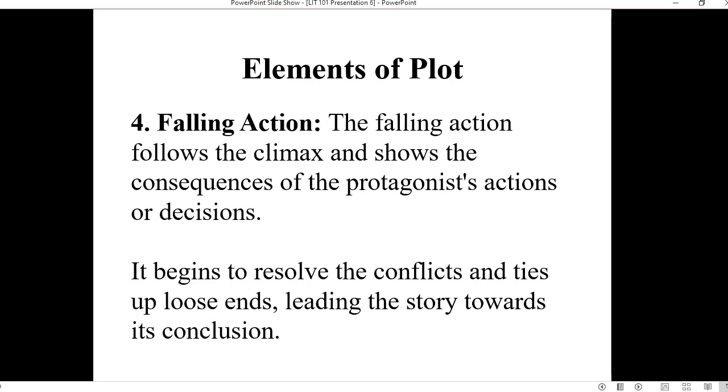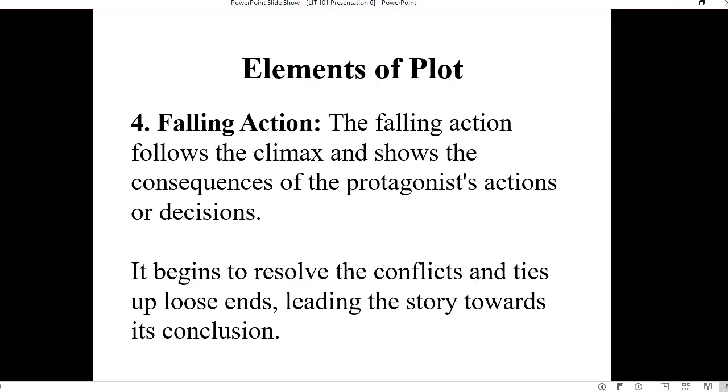Or what are the benefits of the change in the situation that the protagonist has found him or herself? So it begins to resolve the conflict and ties up loose ends, leading the story towards its conclusion.